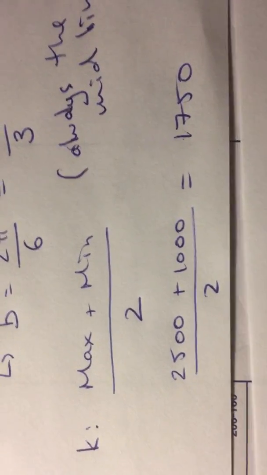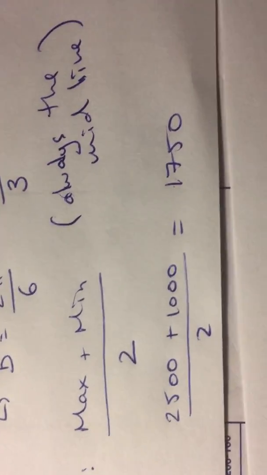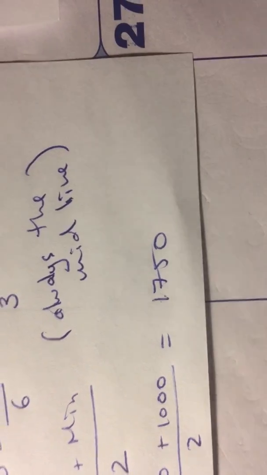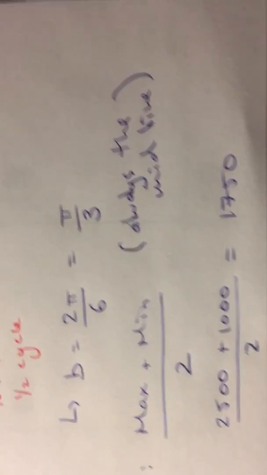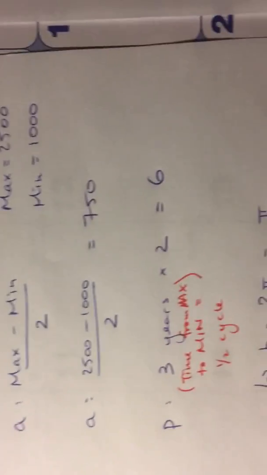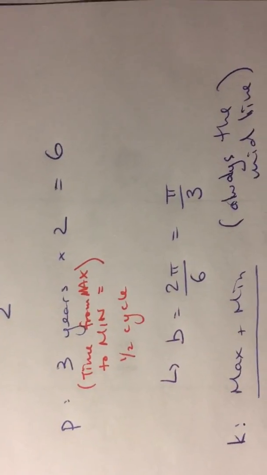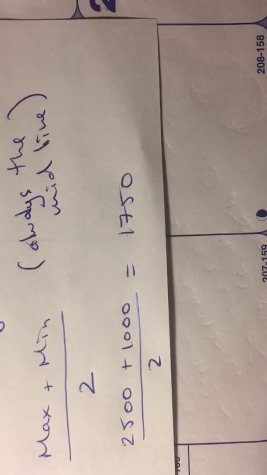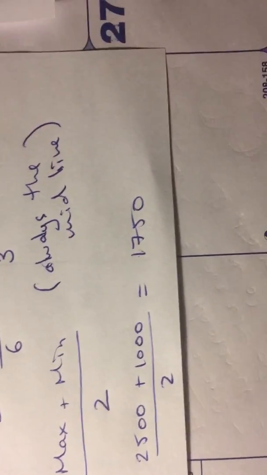So 2,500 plus 1,000 divided by 2 gives us 1,750. Okay, so what do we know about the rule for village B? We know A, we know P, and therefore we know B, and finally we know K. It's 1,750. We're going to assume H is at 0 because our reference point was year 0.